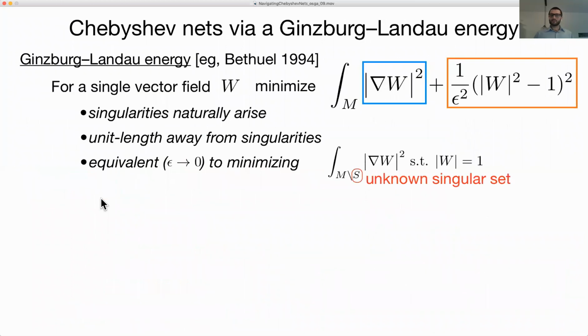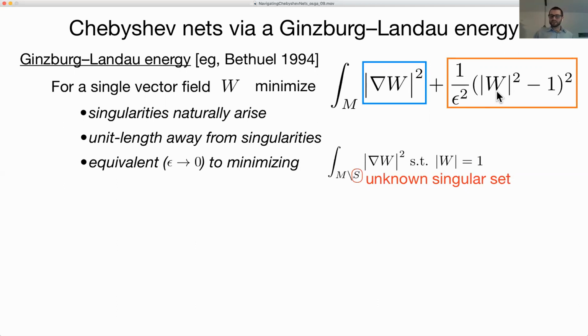And these Ginzburg-Landau formulations have a set of very remarkable properties. For example, for a single vector field that we want to solve for over a surface, minimizing the Dirichlet energy of that vector field subject to this sort of inextensibility, this unit length constraint written in this way, automatically gives you locations which concentrate the energy, which correspond to singularities, and away from these epsilon balls where the singularities have concentrated, you get the unit length being completely satisfied.